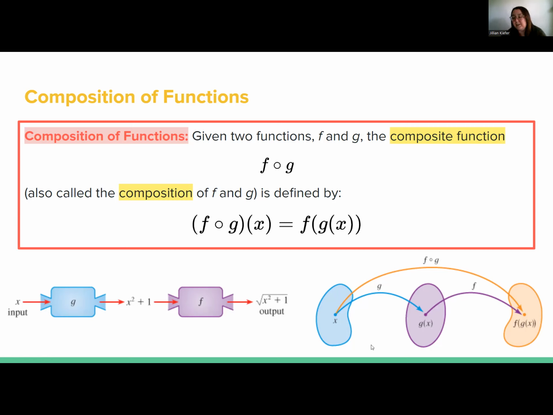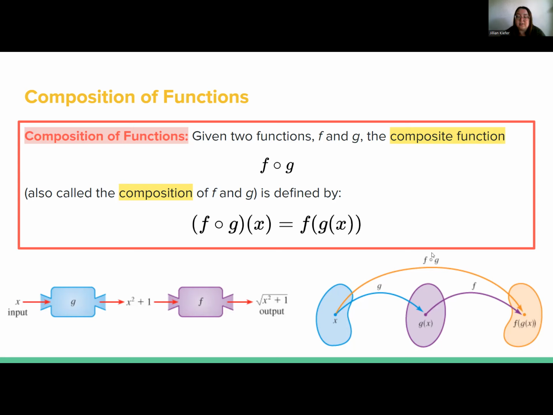Then we have this picture over here. They look like beans, but I think they're supposed to represent domains of some kind. And they just look a little funny. But what you have here is that you have that value of x, you give it to the function g, and it gives you g of x. You take that expression g of x, you give it to the function f, and it spits out f of g of x.